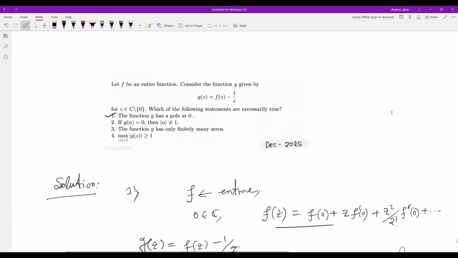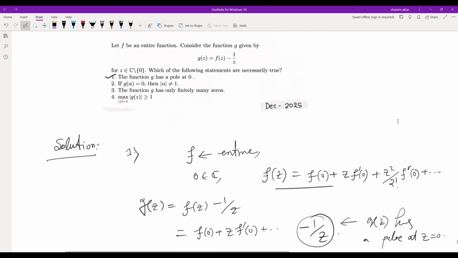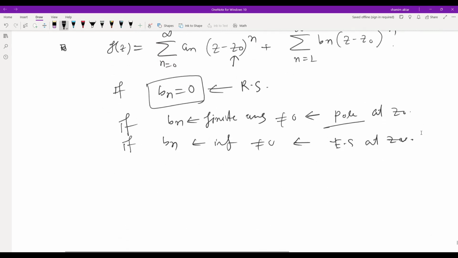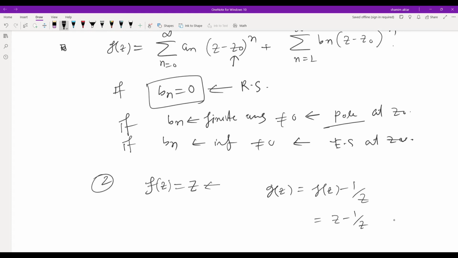Now the second option says: if g(alpha) = 0, then the modulus of alpha is not equal to 1. Clearly, for the second option we choose f(z) = z, which is an analytic function. Now g(z) = f(z) - 1/z, so that is equal to z - 1/z.